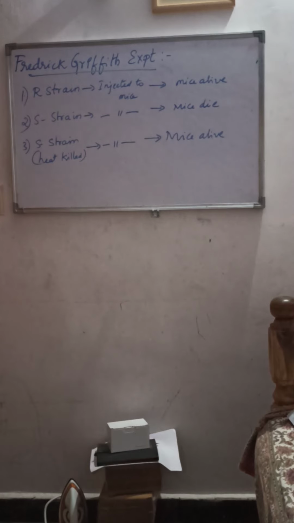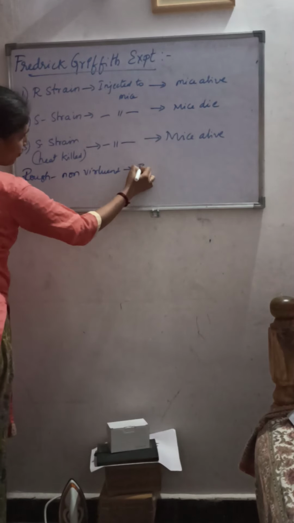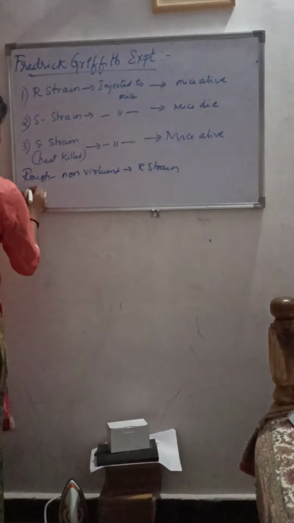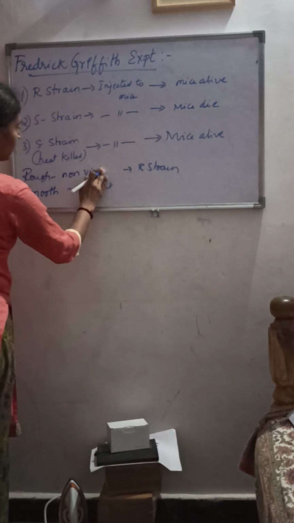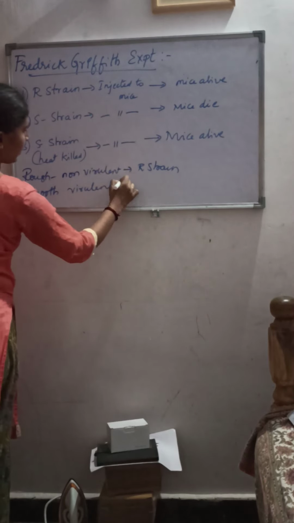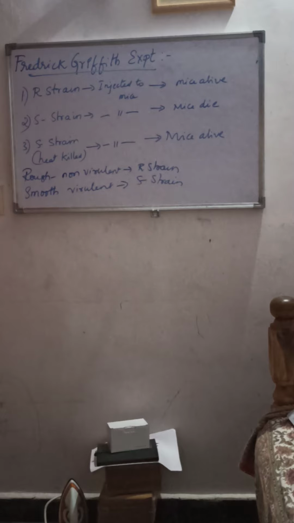He came across one form called rough non-virulent, that is the R strain, and the smooth virulent, the S strain.